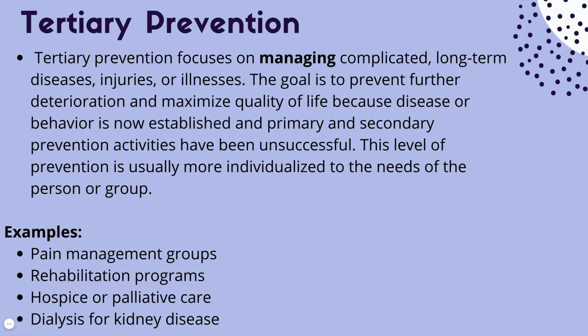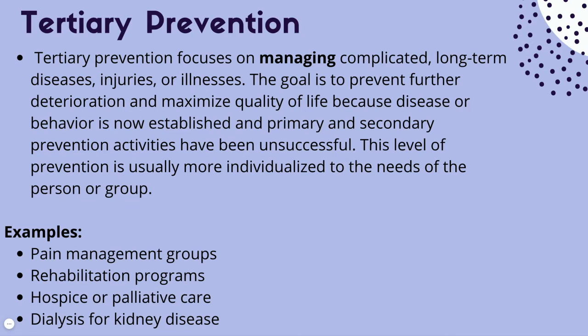So we're trying to stop deterioration, and you want to maximize quality of life because we know, right, the disease is here. Our other models of prevention, primary and secondary, did not work. So here, we want to preserve quality of life and comfort. So here at tertiary, like I talked about before, it's usually a bit more individualized, right?